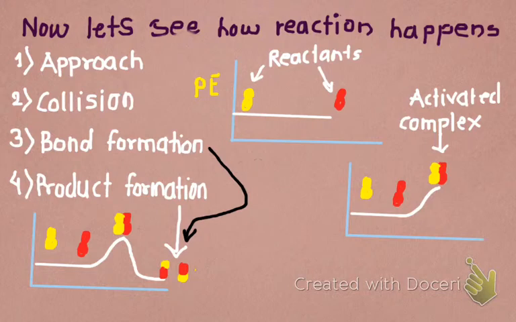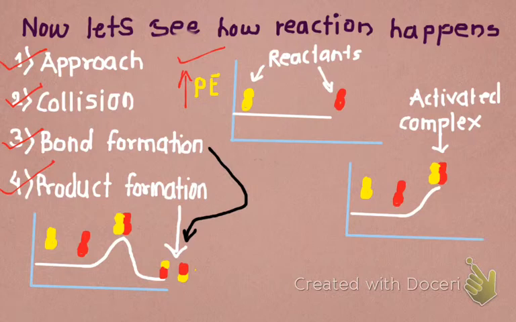Now how does the reaction happen? There are four stages of reaction. One is approaching of two reactants towards each other, then collision, then third is bond formation, and fourth one is product formation. Now in this first graph, we see the x-axis is denoted as potential energy.